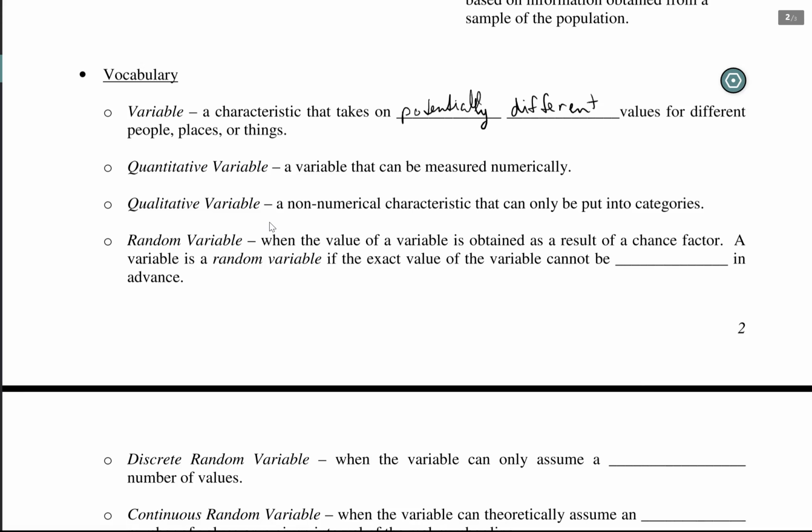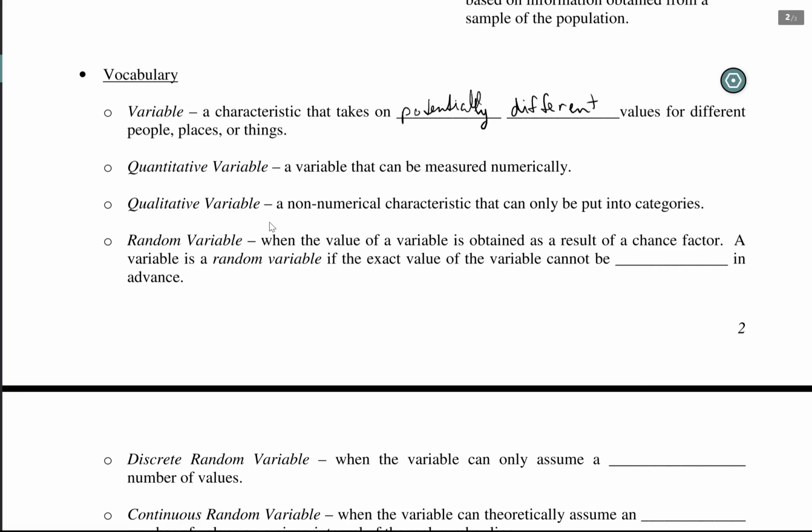So for example, the time it takes a person to walk from point A to point B, the amount of gasoline a person puts in their vehicle, the color of a person's dog. Those are all variables. They're potentially different for different people, places, or things.